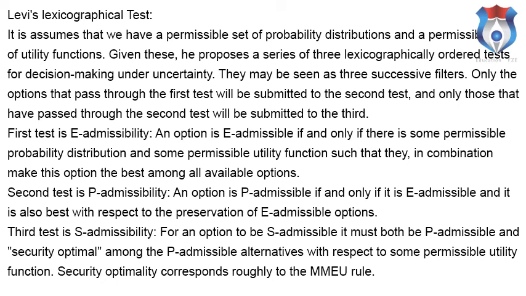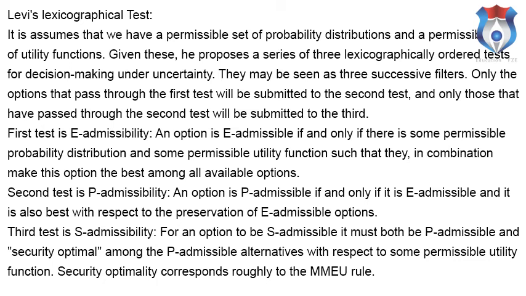First test is E-admissibility. An option is E-admissible if and only if there is some permissible probability distribution and some permissible utility function such that they in combination make this option the best among all available options. Second test is P-admissibility.